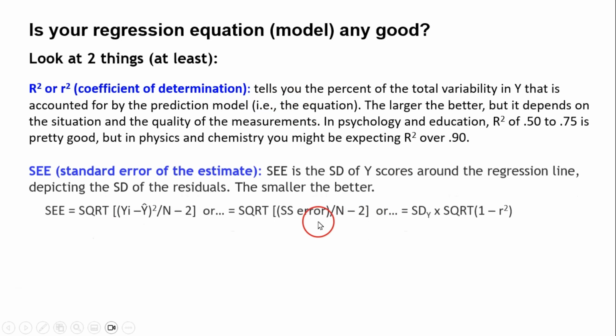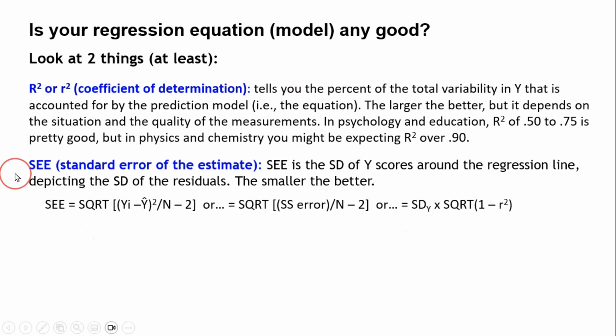The second thing you can look at is the standard error of the estimate. The standard error of the estimate is essentially the standard deviation of the y-scores around the regression line at the population level, supposedly.